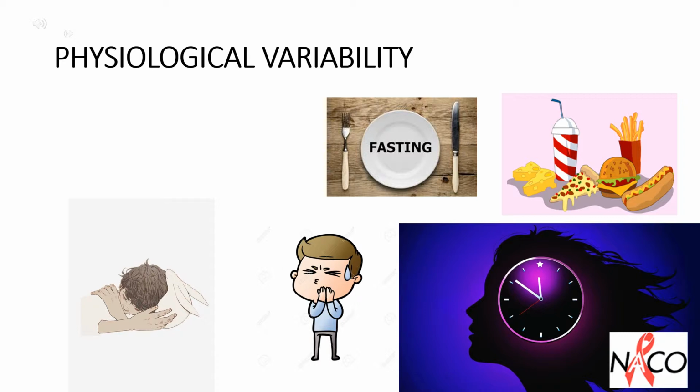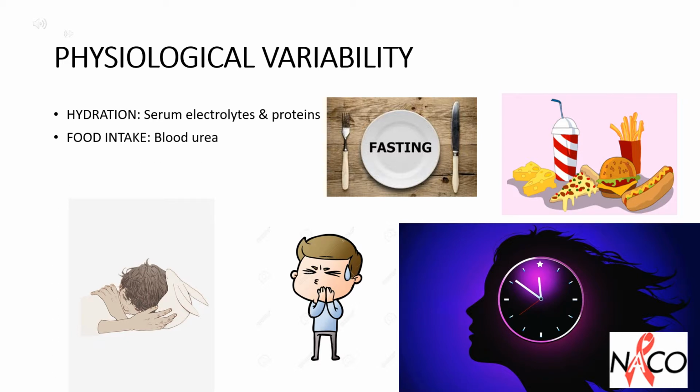Some examples of physiological variability are electrolytes, serum proteins. Alteration of values can occur due to sweating. The patient should be advised to sit down till sweating subsides before sample is collected. For urea and urates, high protein intake in the diet can increase values of the urea and urates.